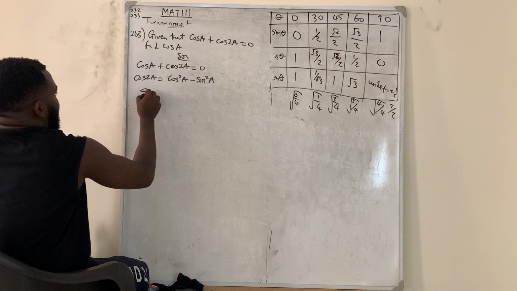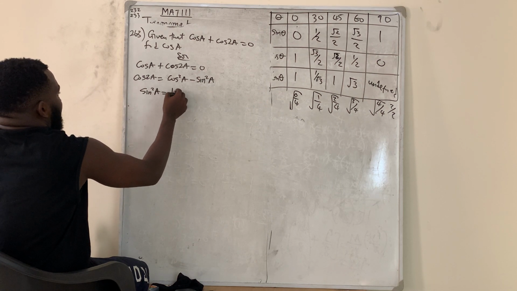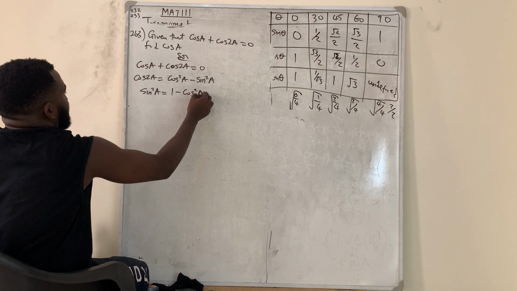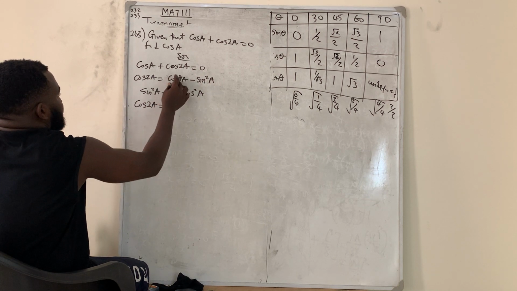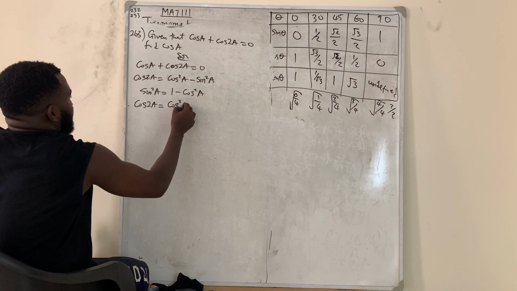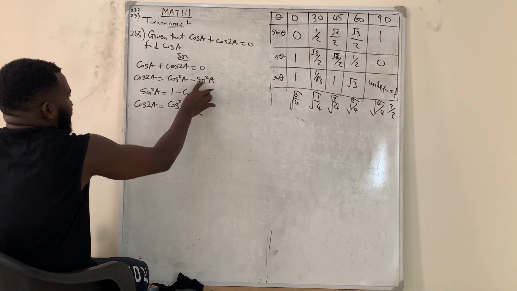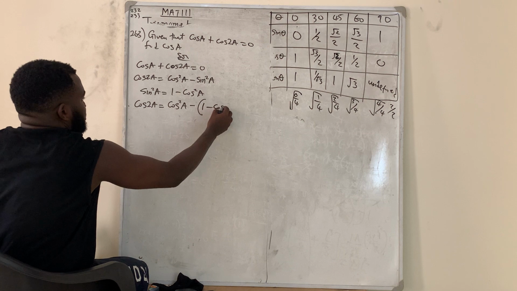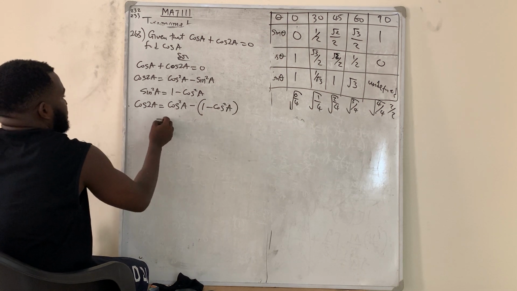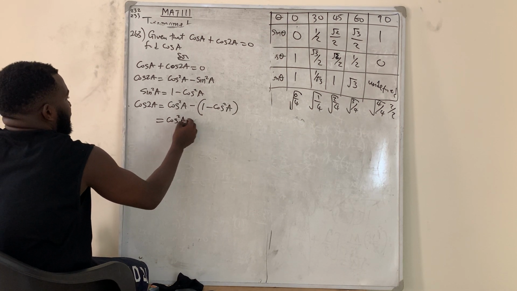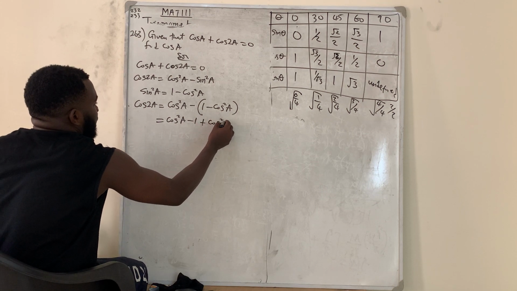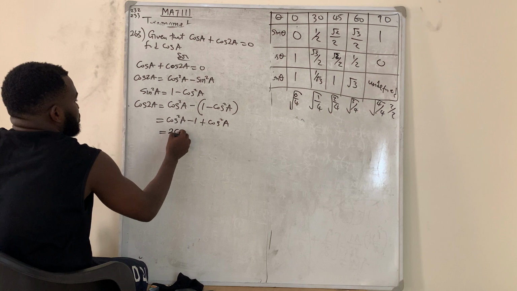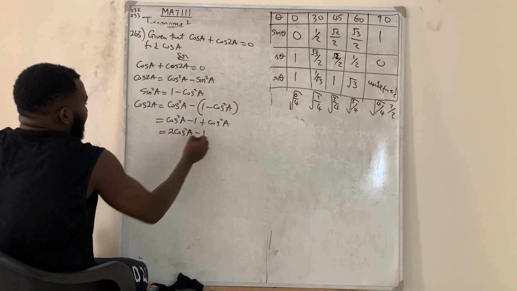You should know that sine squared A is equal to 1 minus cos squared A. So cos 2A is equal to cos squared A minus (1 minus cos squared A), which is cos squared A minus 1 plus cos squared A. So this is 2 cos squared A minus 1.